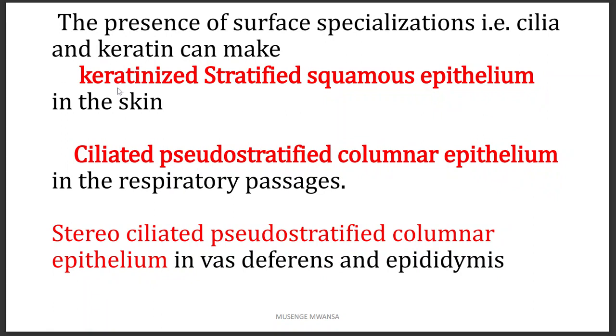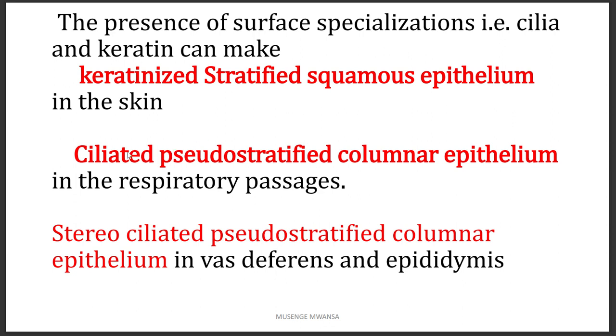So we have talked about the keratinized, stratified squamous. This squamous is flat. We also have ciliated, pseudostratified columnar. Ciliated because it has got cilia. It is pseudostratified because it looks as though there are many layers, but it is just one layer. It is columnar because it's much longer.